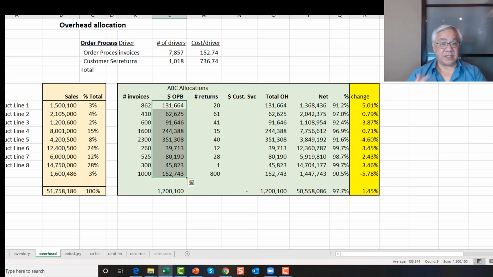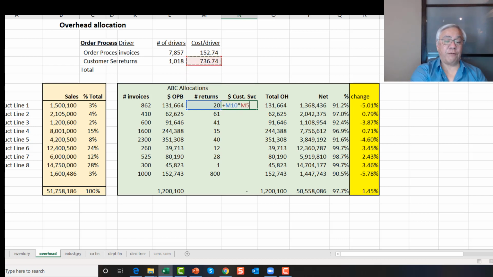But we didn't do it on a percent of sales. We did it based on which ones are tedious with lots of invoices and which ones are easier where we have fewer invoices with bigger amounts. This would capture that difference. Then we say, okay, returns. Which products have large or small numbers of returns? So 20 returns for the first product. Each return costs us $700 to process. F4 to lock. Copy it.